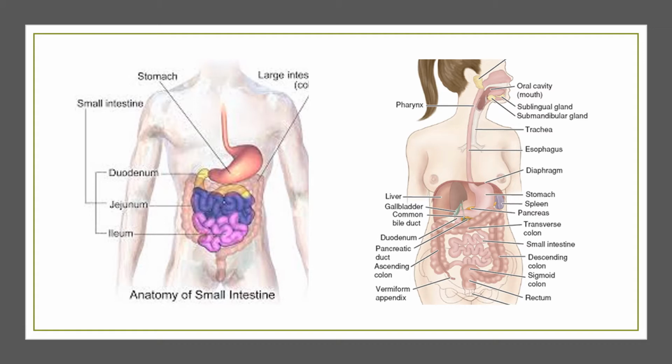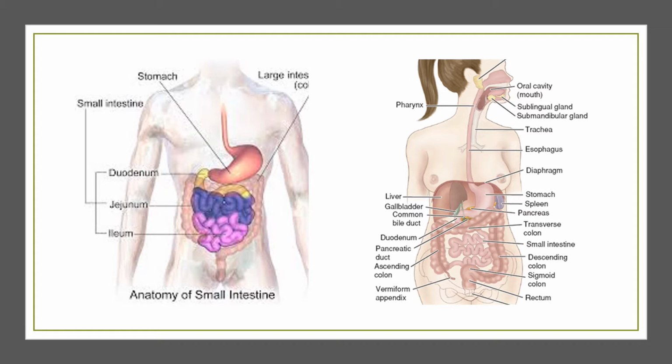I won't mention the jejunum and the ileum again, but notice that the ileum, which is the last part of the small intestine in the right lower quadrant there, drains into the cecum, which is the first part of the large intestine. And notice where the appendix is. And that's why often we confuse appendicitis with the initial onset of Crohn's disease.